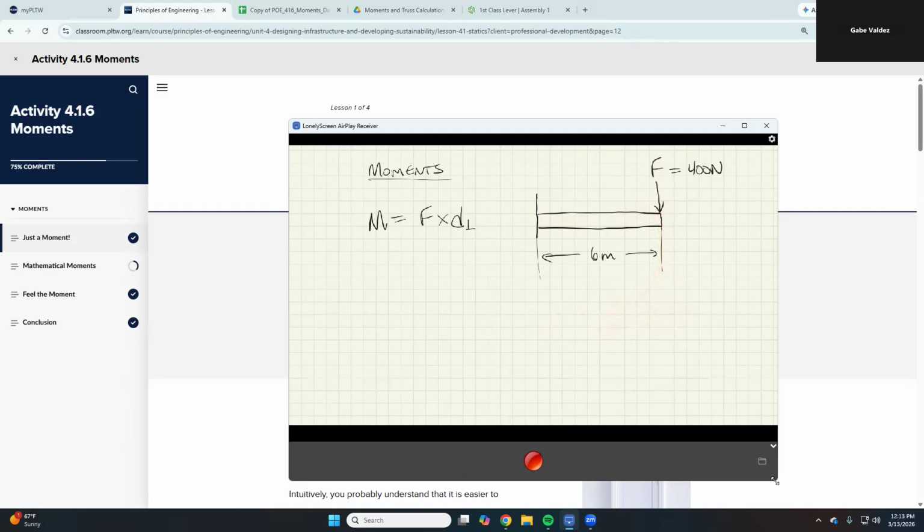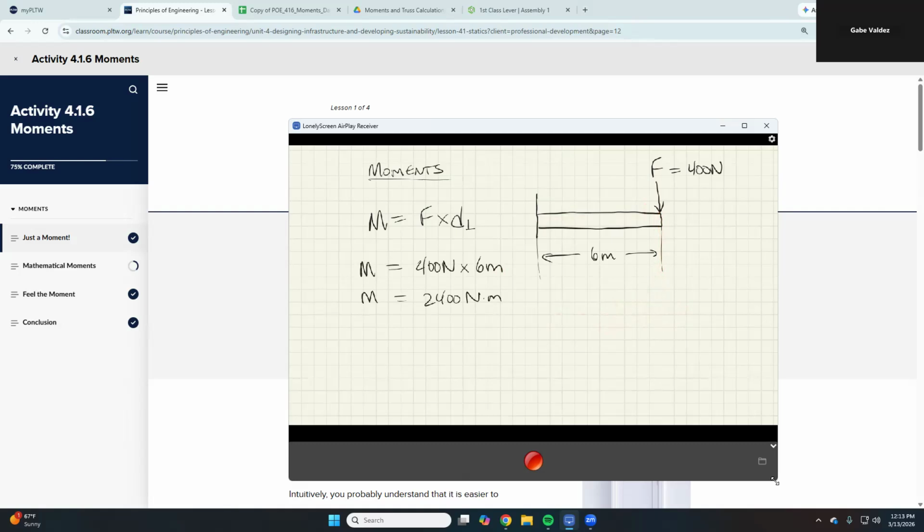And we can calculate that moment by taking the magnitude of that force, which is 400 newtons, and multiplying by my perpendicular distance, which is 6 meters. So that is going to be equal to 2,400 newton meters. So that's the moment that force generates.